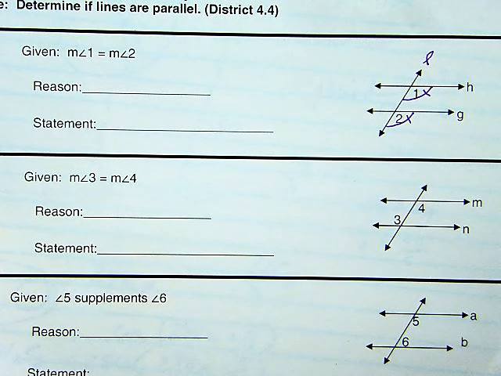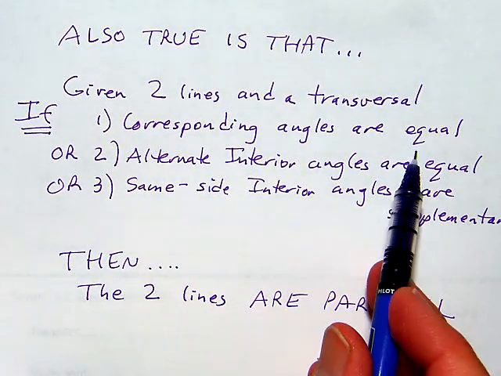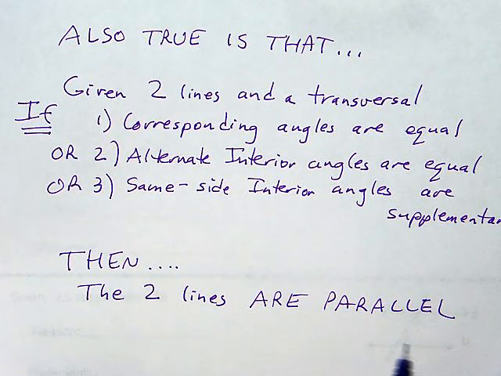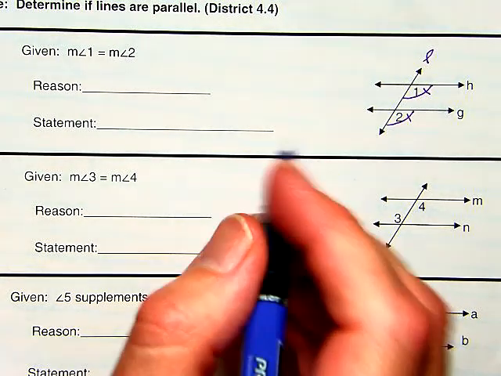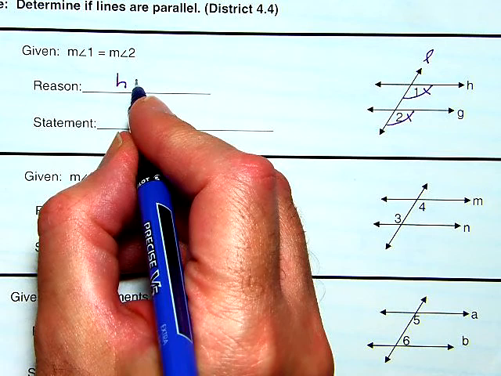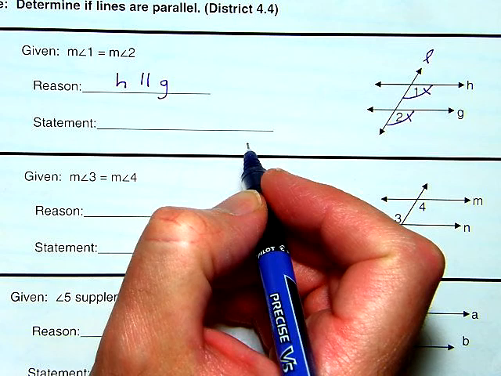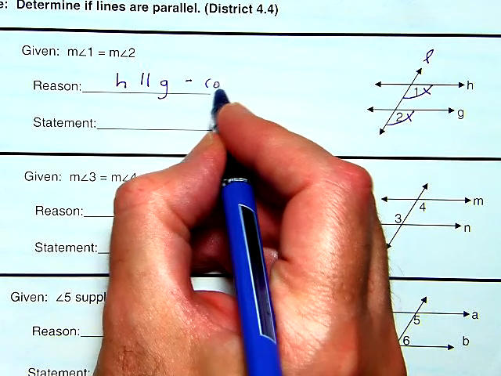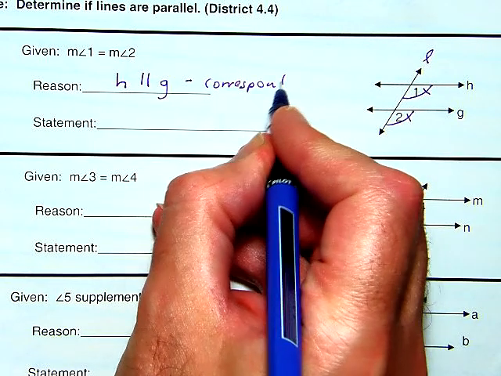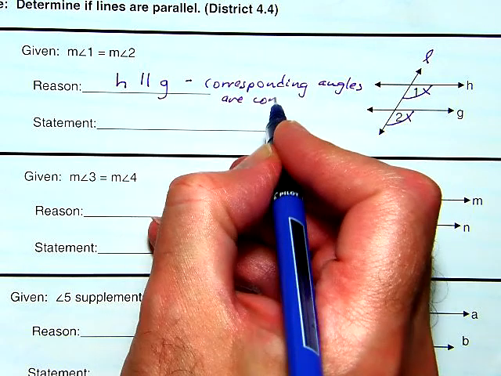Well, if we go back and take a look at what we know, given two lines and a transversal, if corresponding angles are equal, then the two lines are parallel. So we can conclude that line H is parallel to line G. And the reason for this is that corresponding angles are congruent.